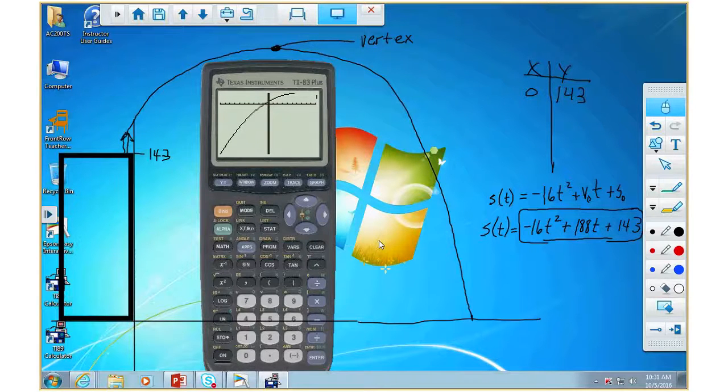So now I'm going to hit second trace, max, and narrow the field down by putting in a left value and a right value. My left value I'm going to make is 4.2. My right value is going to be 7. And my guess is going to be around 5.7.